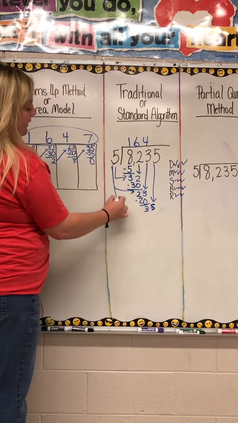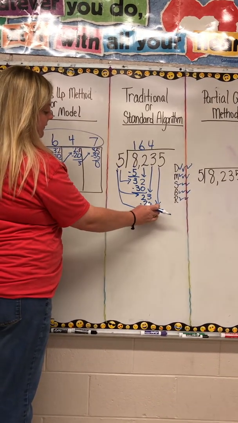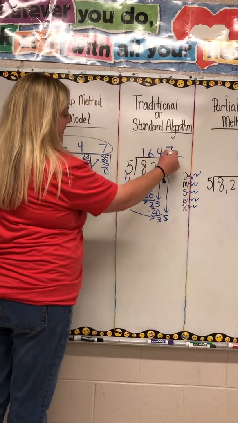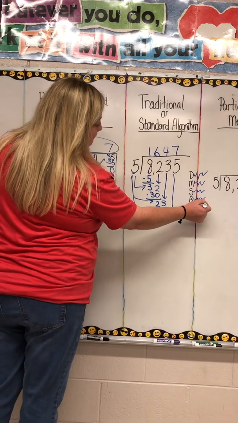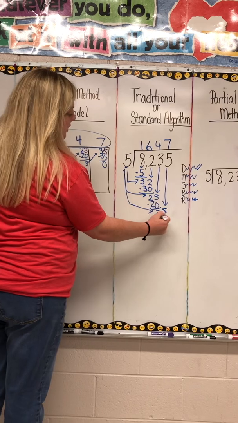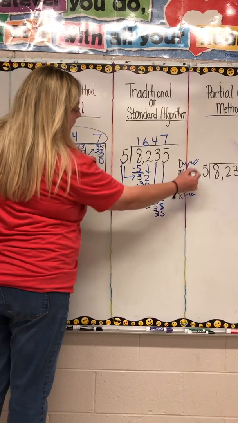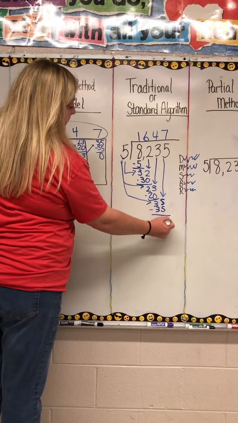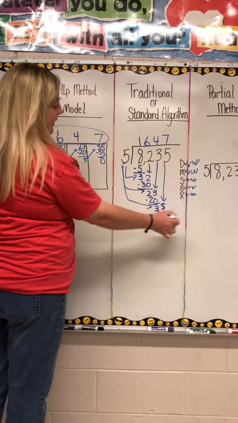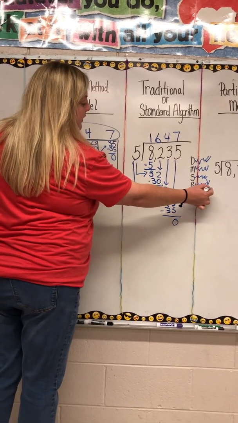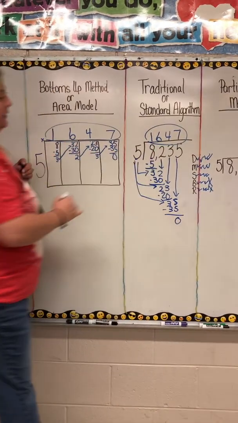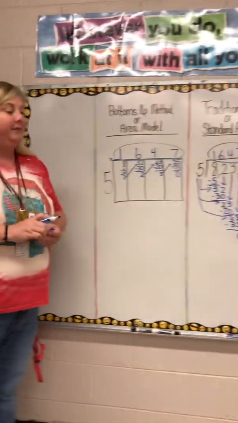Now repeat. 5 into 35. We'll go 7 times. 7 times 5 is 35. Subtract. Nothing else to bring down. Nothing else to repeat. And there's our answer, 1,647.